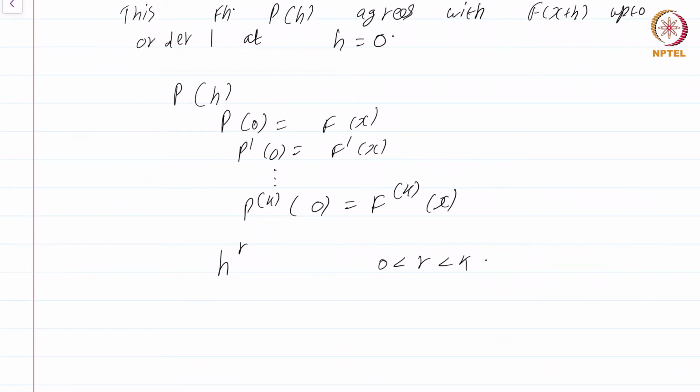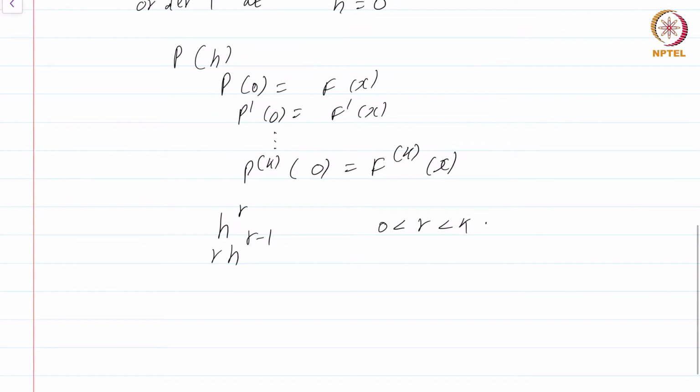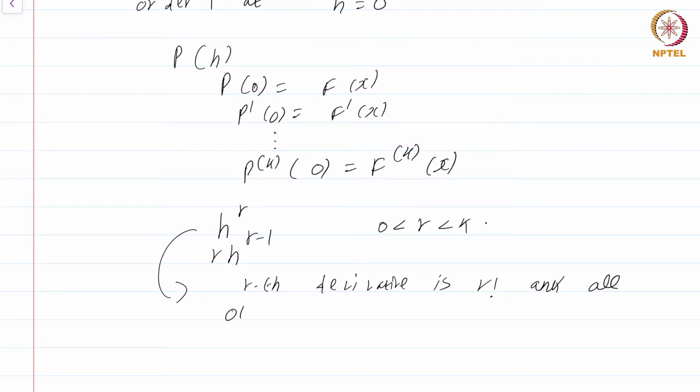Look at the derivative. The derivative of this is r h to the r minus 1. So these h to the r have the special feature that the rth derivative is r factorial and all other derivatives are 0.